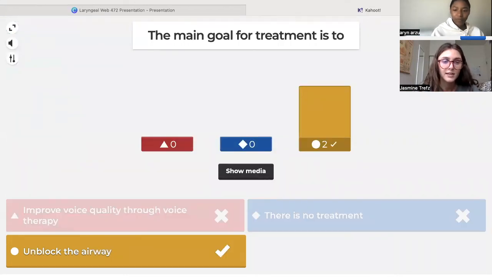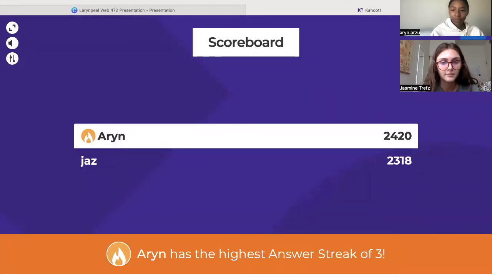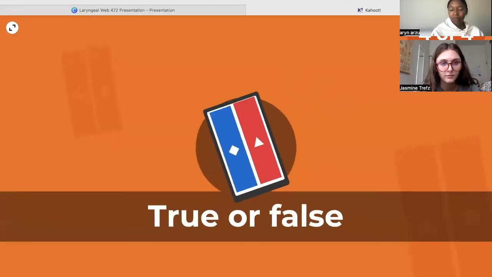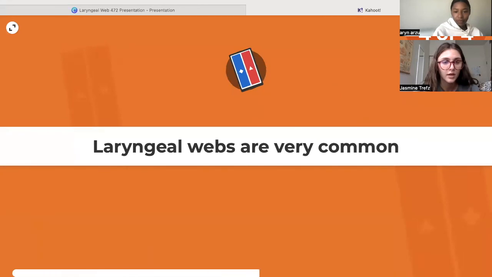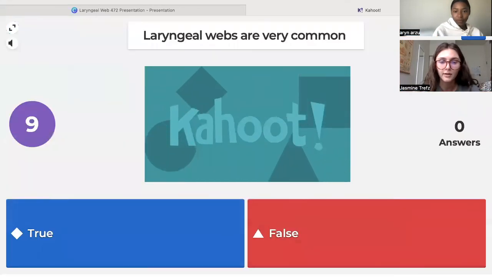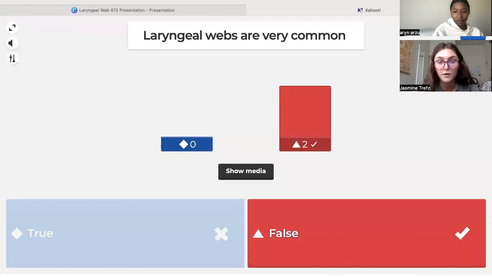The main goal for treatment is to unblock the airway because safety first. That is the most important thing that clinicians need to look out for. True or false? Laryngeal webs are very common. This is false. Laryngeal webs are extremely rare. Like we said, it's about 1 in 1,000.